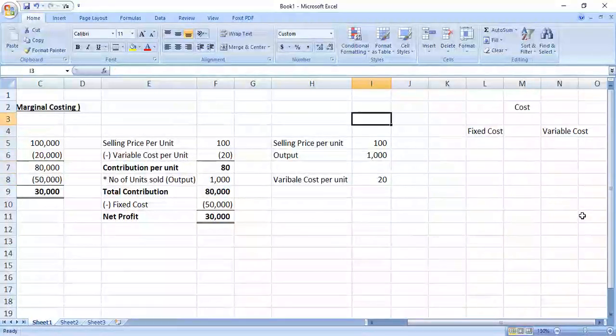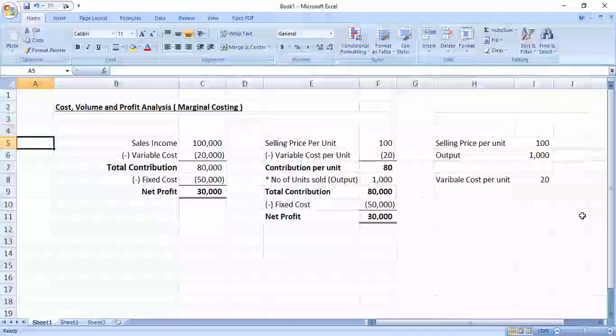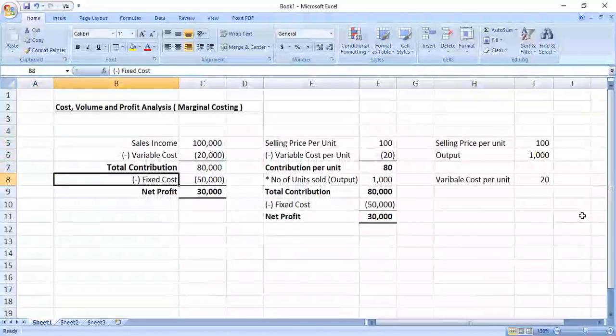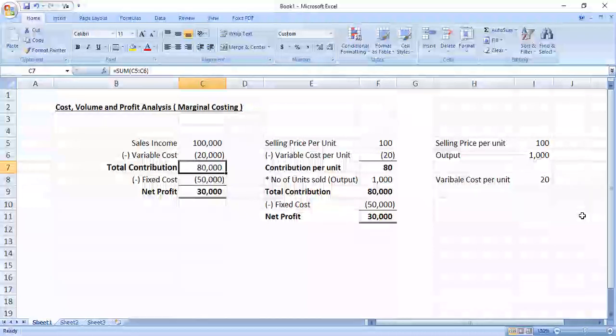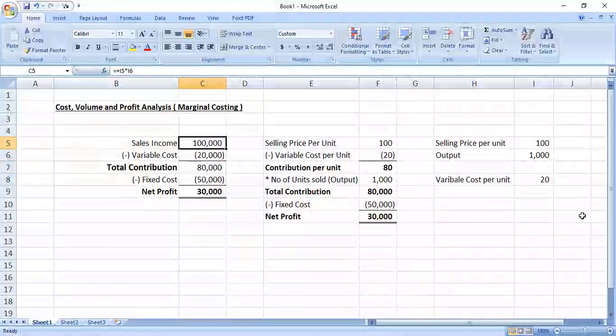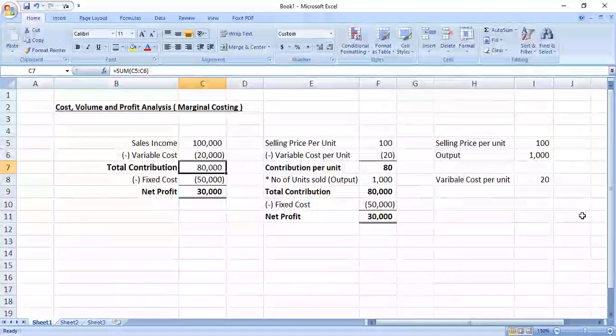Selling price per unit is also the same. Fixed cost doesn't change with the output. So when you deduct the total variable cost from your total sales income, you have the total contribution, the remaining income after deducting the variable cost.